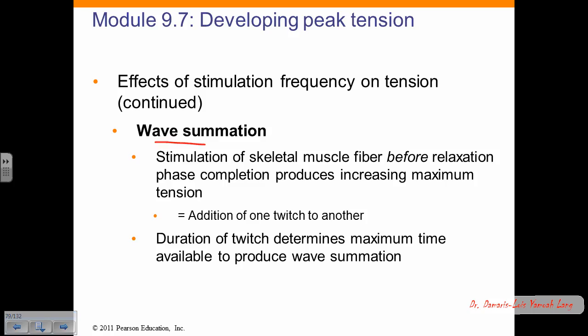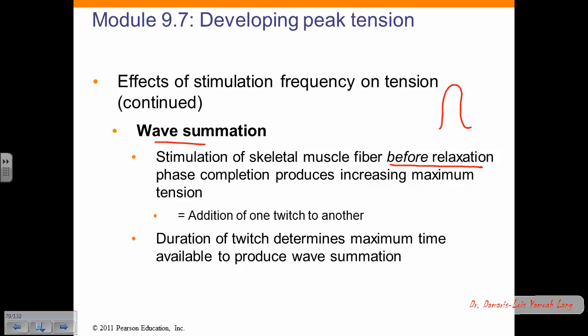And then we have wave summation. Again, contraction, relaxation, but wave summation is before relaxation. So again, picture two cross bridges. You pull. It doesn't detach. And then you what? Stimulate again. What do you think will happen?